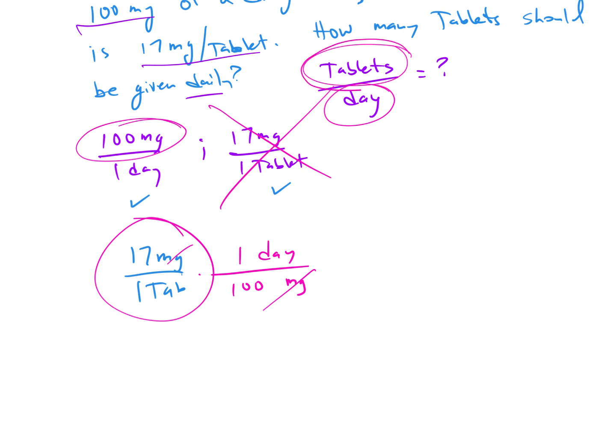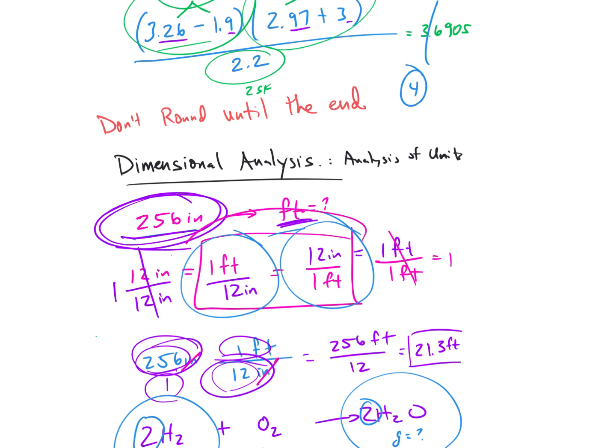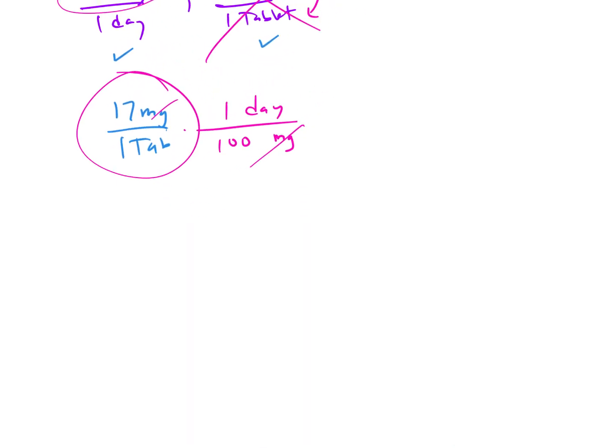I'm looking for tablets. So let's flip that. Remember how way up here, this one right here, it's 1 or the flip version of it, right? So just flip it. It's okay to start with it, just flip it first.